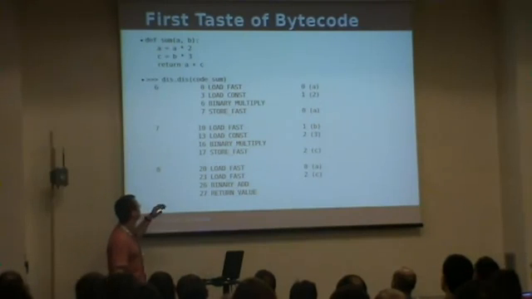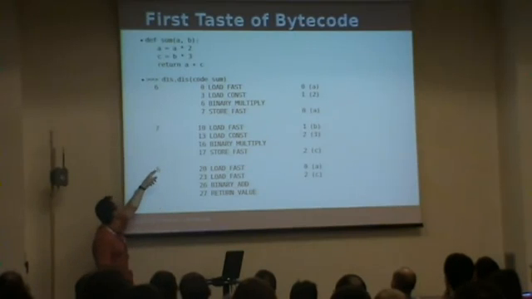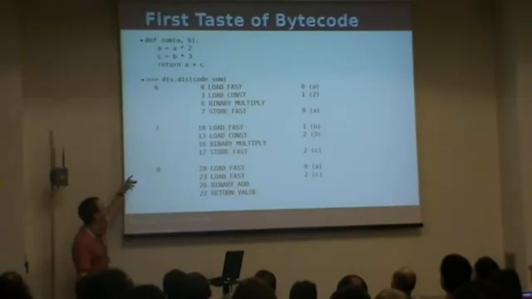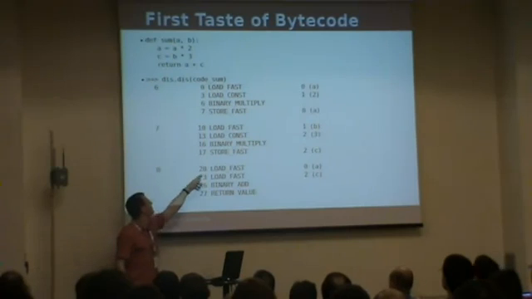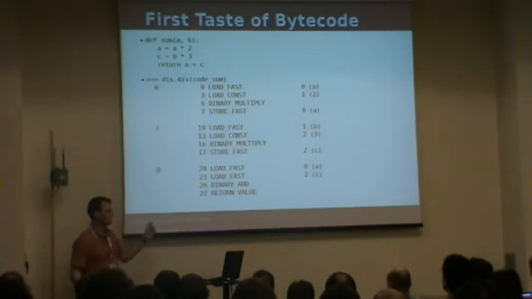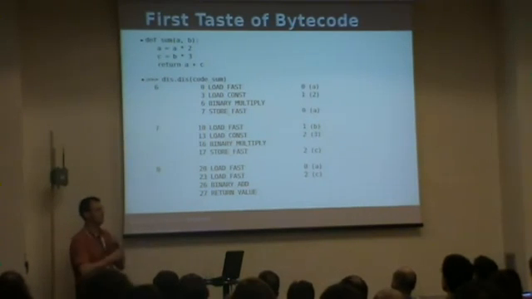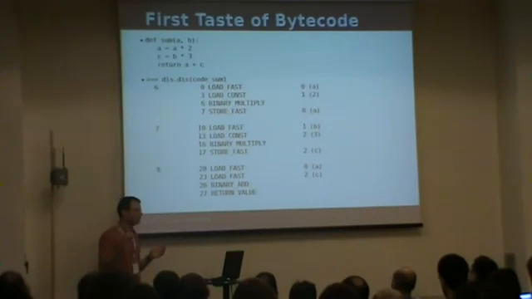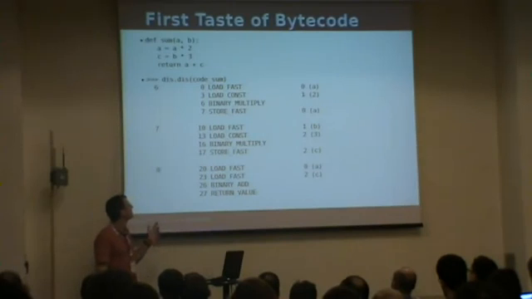So maybe I should first tell what the different things are. The numbers on the first line are actually not line numbers in the source code. This one is the address of the bytecode, which is just an index into that byte array in the co_code object attribute. Then you've got the name of the bytecode.